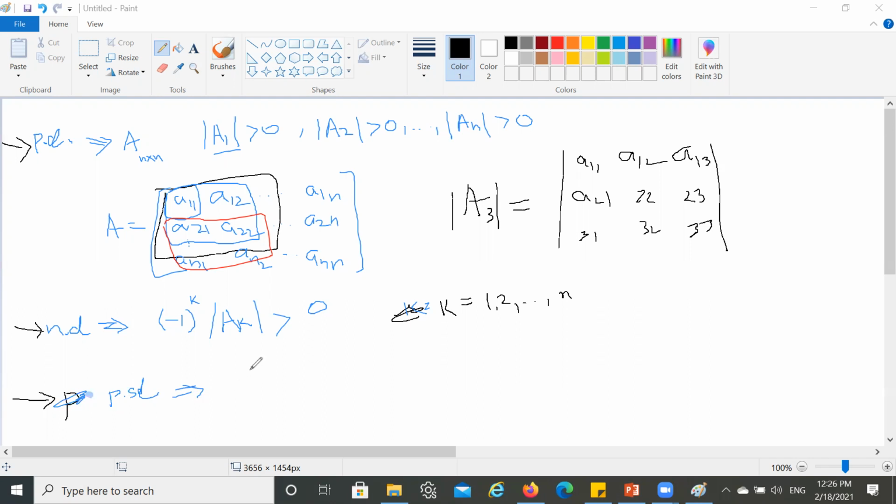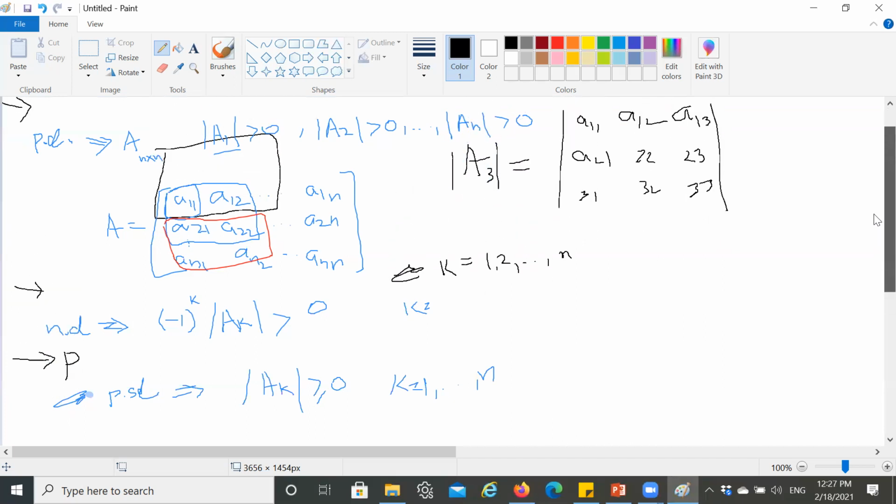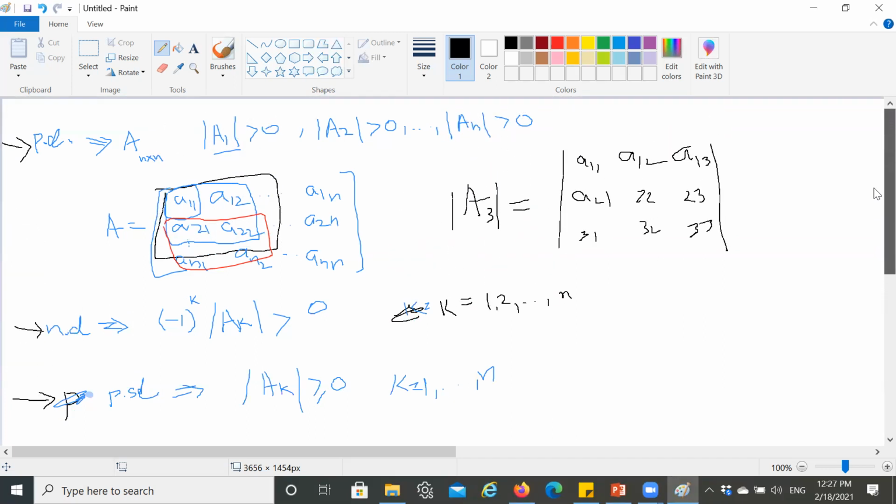It means that the determinants of Ak are, so it's the same as PD, but you have this equality sign. So it could also be equal to 0. Okay, and over here, obviously, k is from 1 to n. Is it clear, everyone?